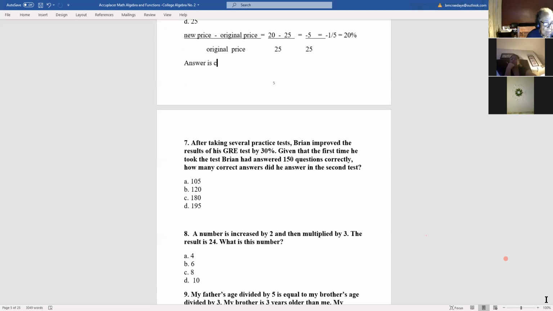Given that the first time he took the test, Brian had answered 150 questions correctly, how many correct answers did he answer in the second test? He improved by 30%. So in the first test, he had 150 correct.